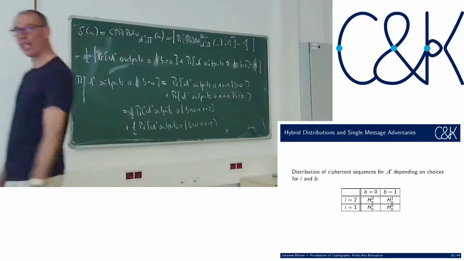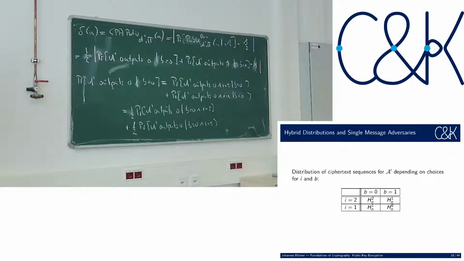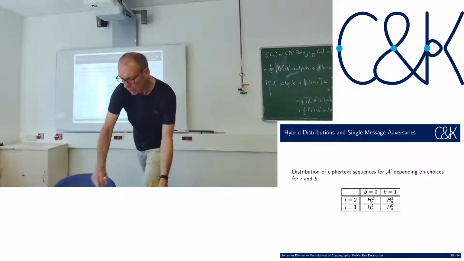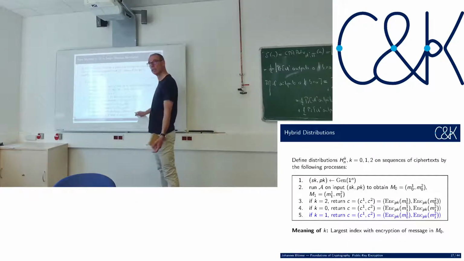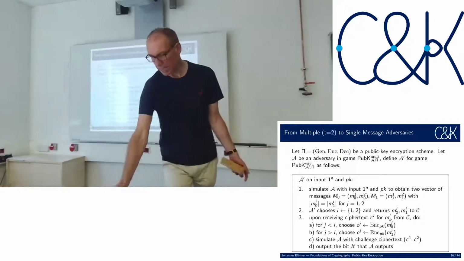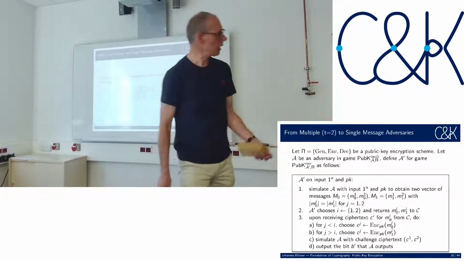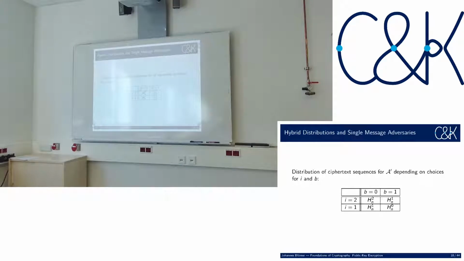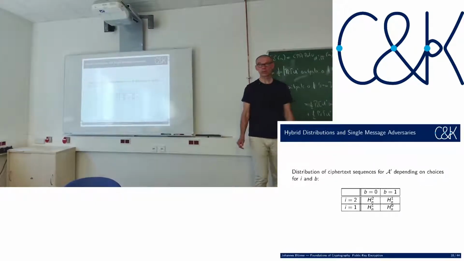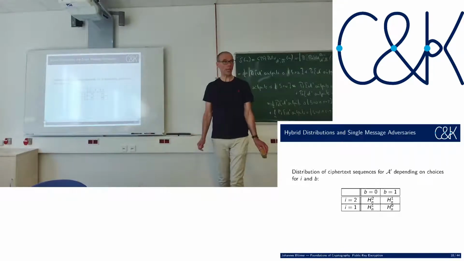So the ciphertext that A gets in this step is distributed according to H and 2. In this case, it gets a ciphertext distributed according to H and 1.